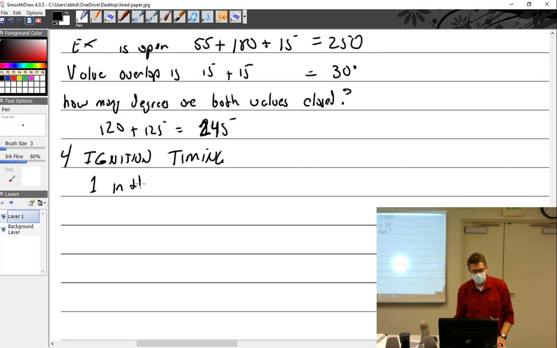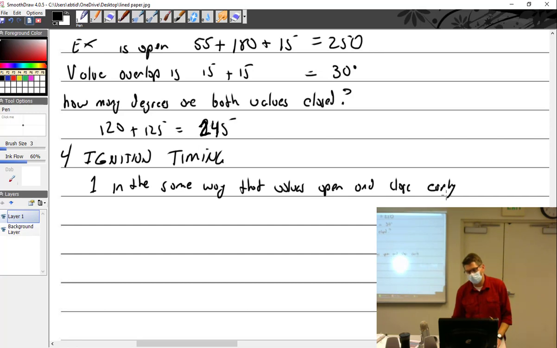In the same way that valves open and close early, or late, actually. I kind of blew that one. The spark is early. So timing, call it ignition timing.